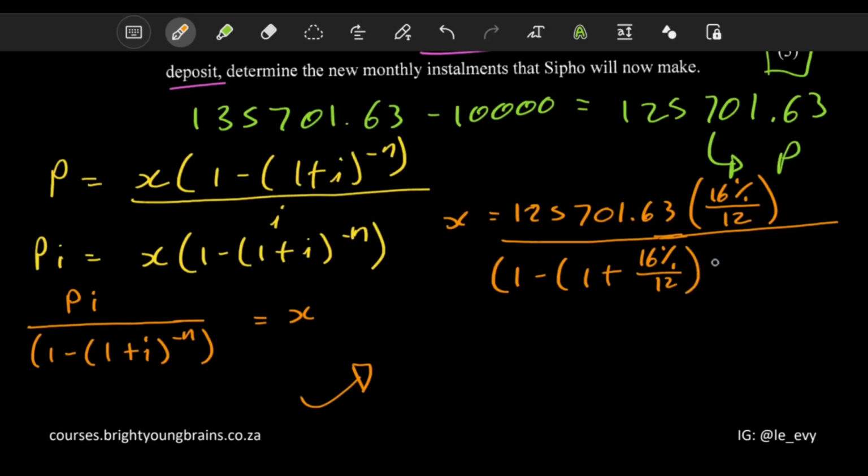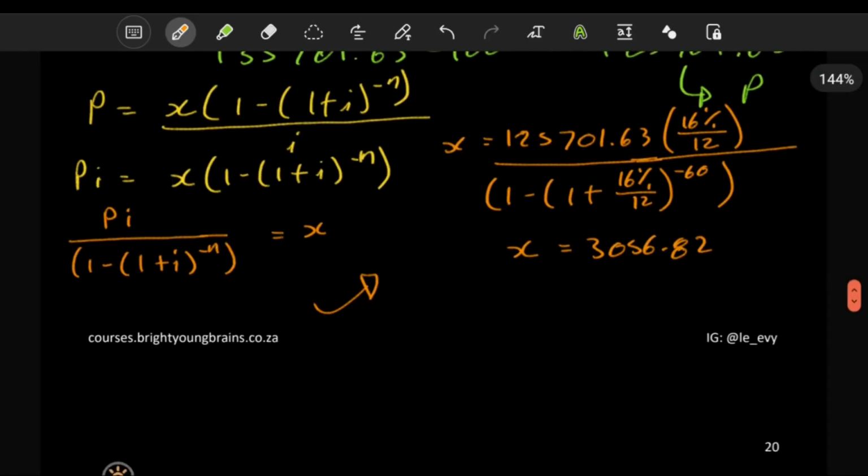Then it's 1 minus (1 plus 16% over 12) to the power of negative 60. All this you're just going to put in the calculator, nothing crazy, nothing major. So the value of x here is going to be 3,056.82. Whew, doesn't seem like a big saving, to be honest.